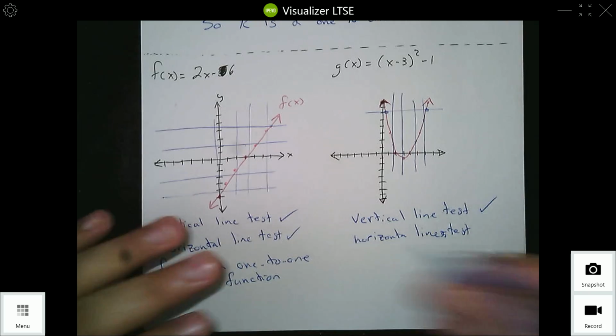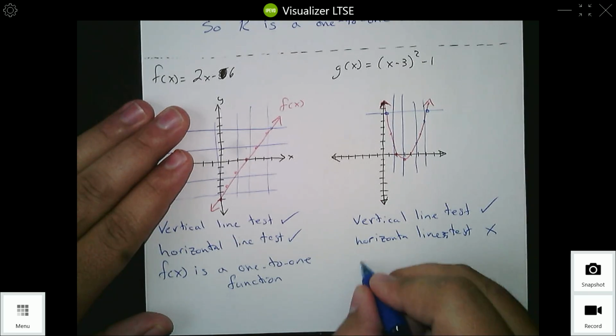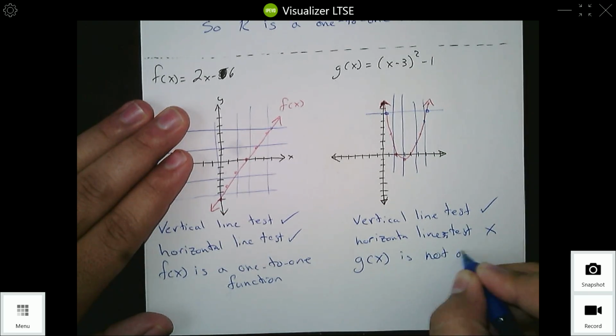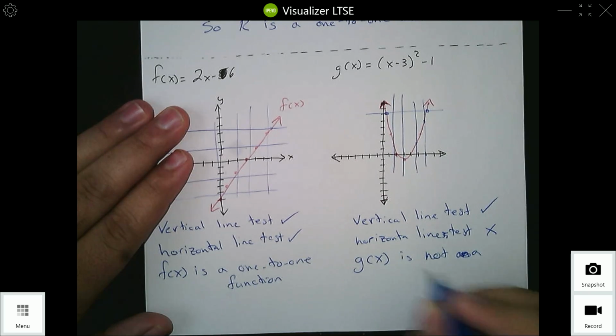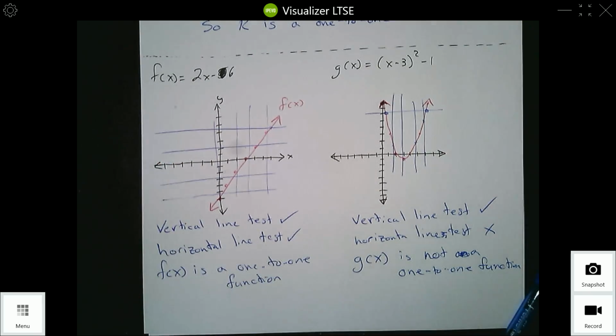That tells me the horizontal line test does not work. If that is the case, we would have to state that g of x is not a one-to-one function. And that's about it.